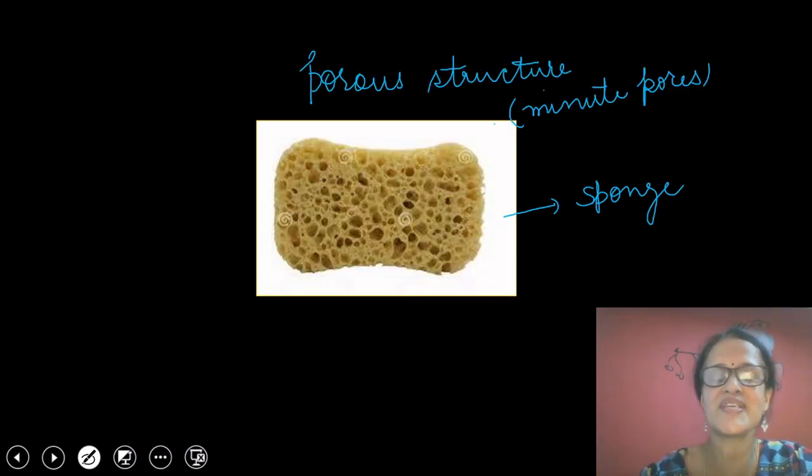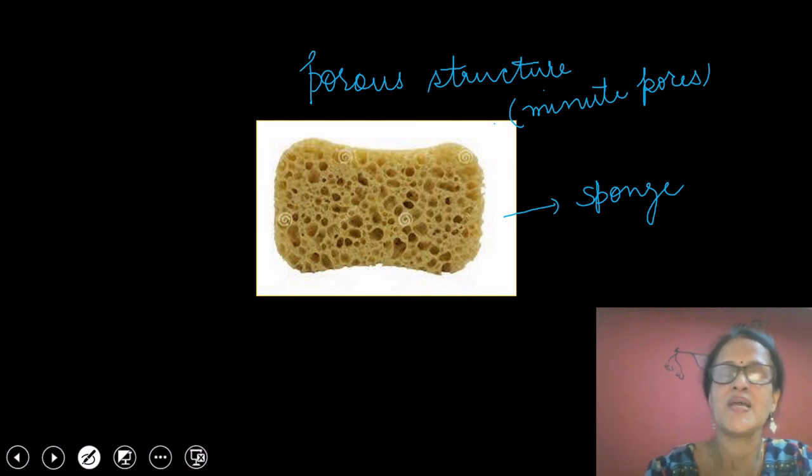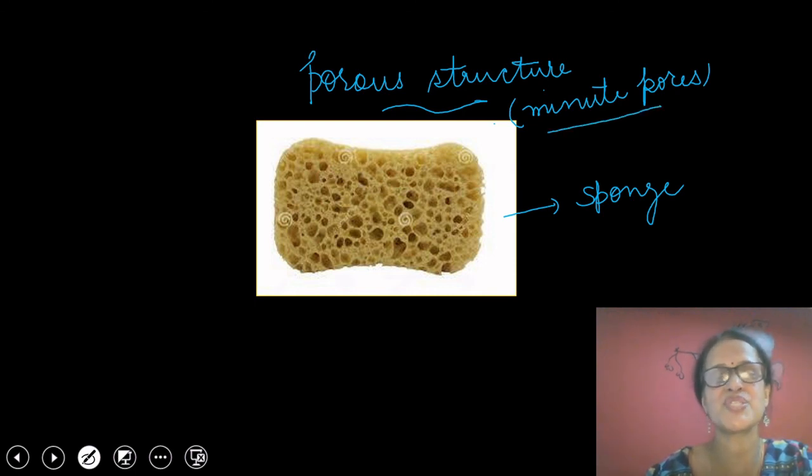Children, another interesting example is of a sponge. You can see in this picture a sponge is shown here. From the picture, it is clear that a sponge has a porous structure. Porous structure means it has minute pores in which air remains trapped.